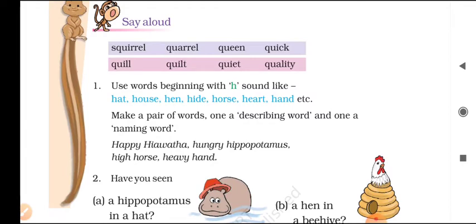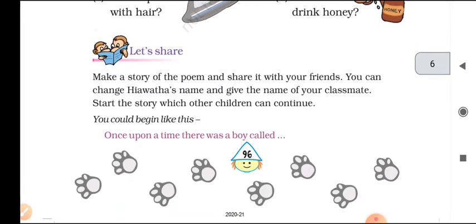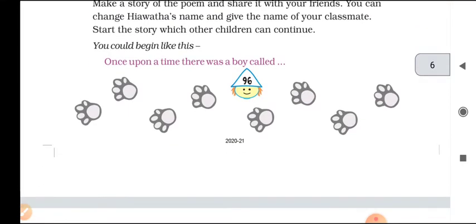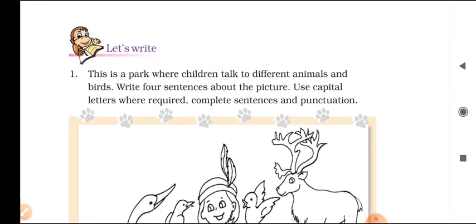Use words that begin with H, sound like head, house, hand, height, horse, heart, hand, etc. Make a pair of words, one describing word and one naming word. So we have many exercises here. Let's share. We will do it after the completion of the next lessons.